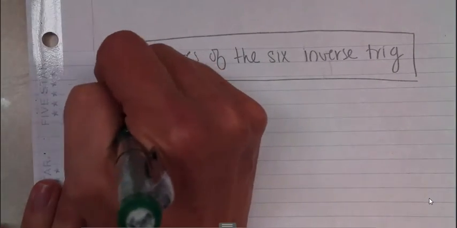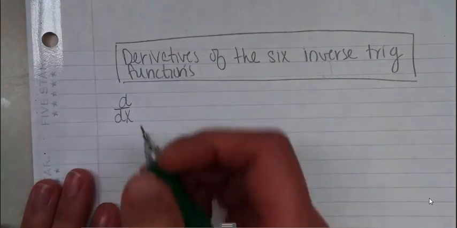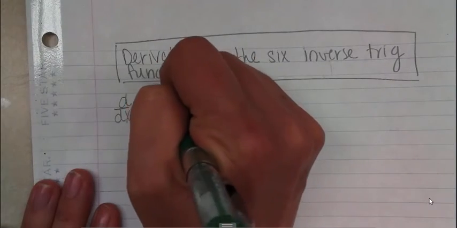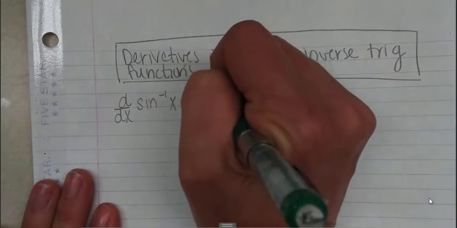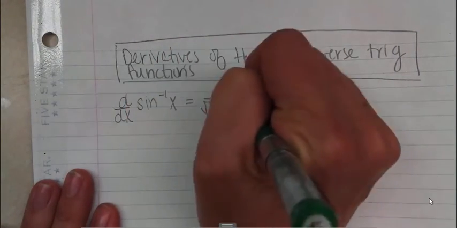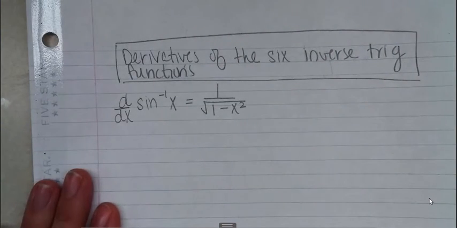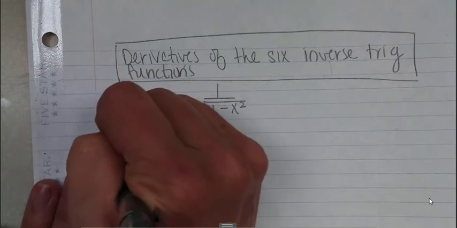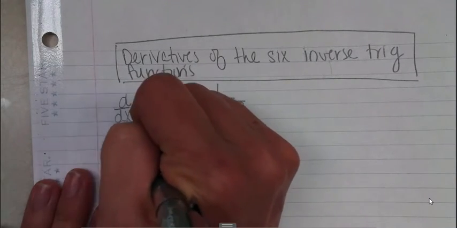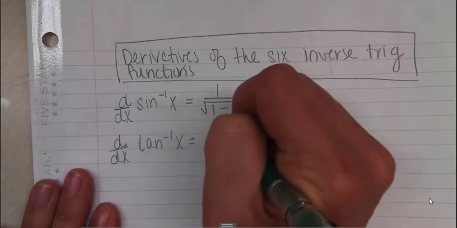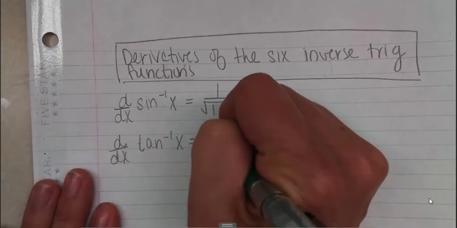So the derivative with respect to x of sine inverse, or arc sine, is going to be 1 over the square root of 1 minus x squared. We just did the tangent one, the derivative with respect to x of tan inverse of x will be 1 over 1 plus x squared.